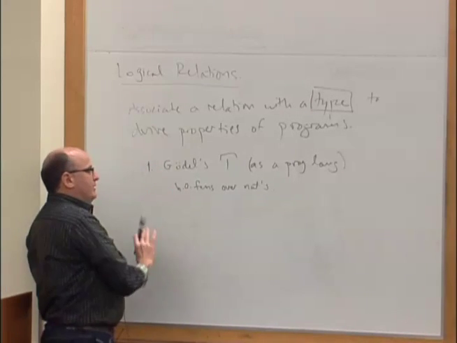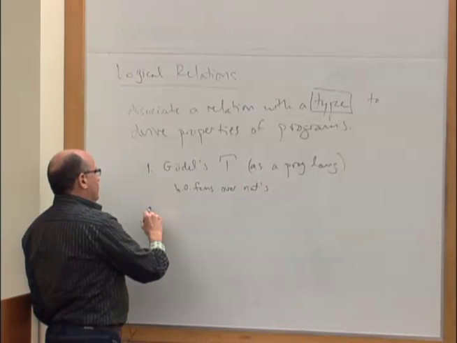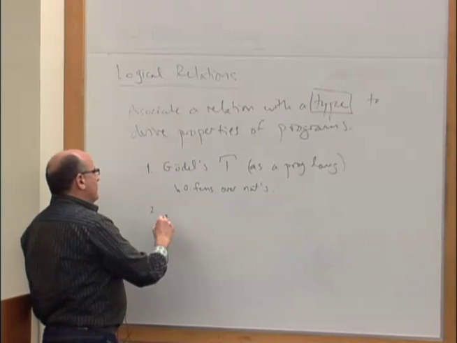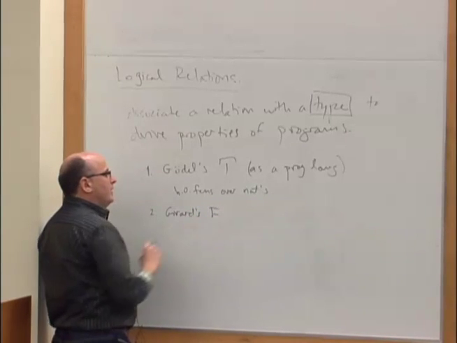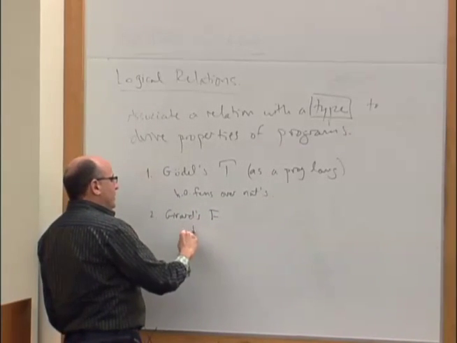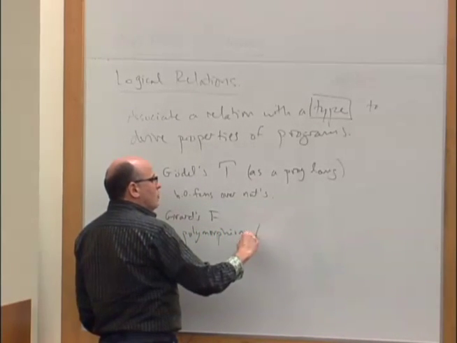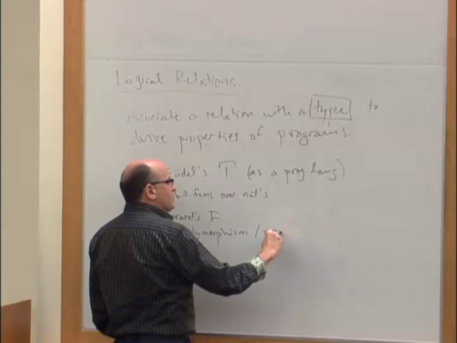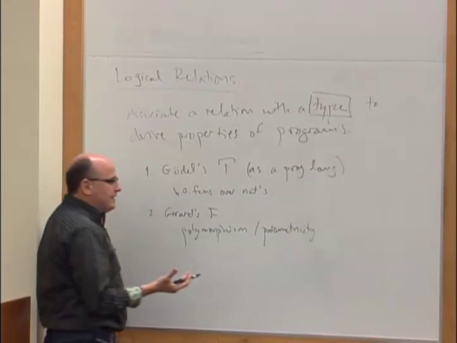Lots of things can be based on this, and I'm going to give you an example using logical relations. Then I would like to study for a bit Girard's System F, again construed as a programming language, and I'm particularly concerned here with explaining the idea of polymorphism, or parametricity.